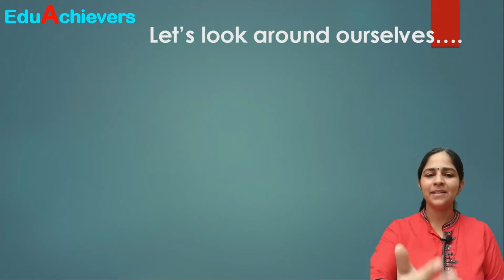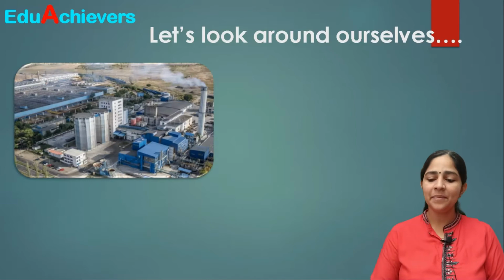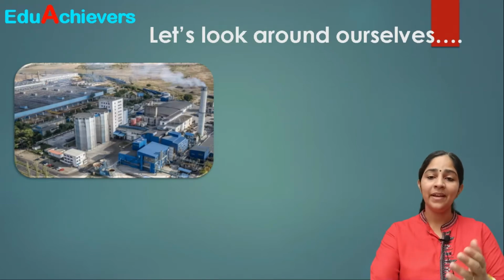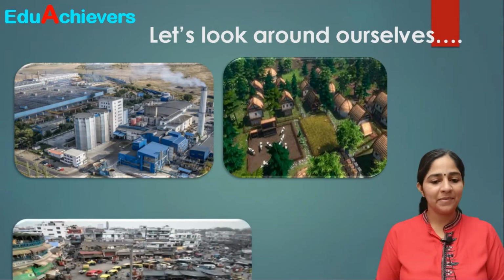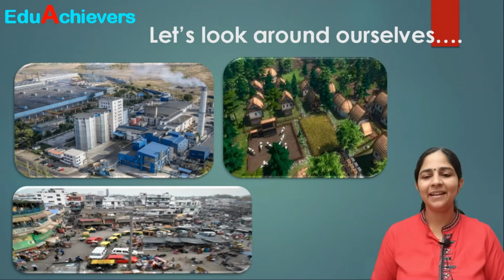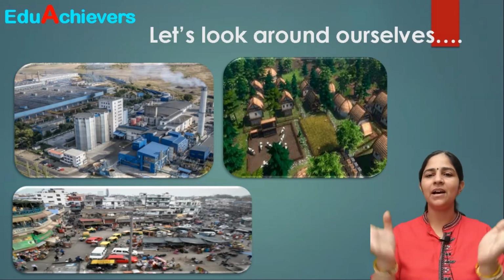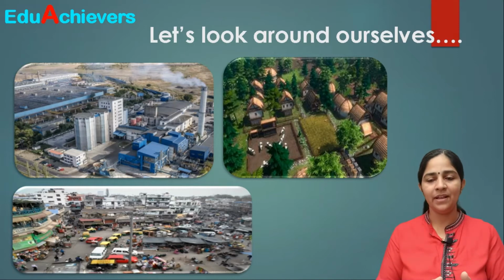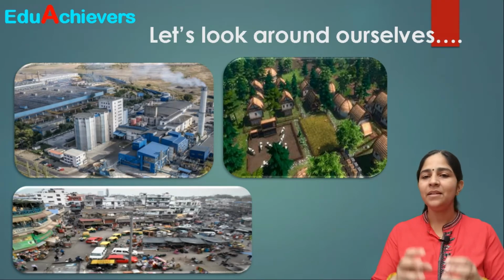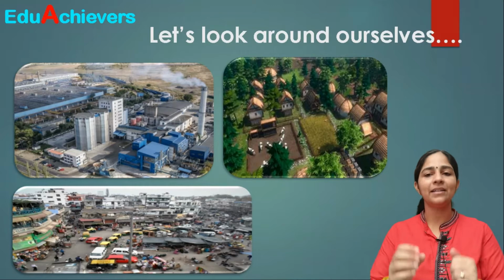You can see this is an image of an industrial area, this is an image of a quiet village place, and this is an image of a marketplace which is highly crowded, with vehicles and everything. Whenever we look around ourselves, a lot of activities are going on, and we need to understand the basic nature of these activities.